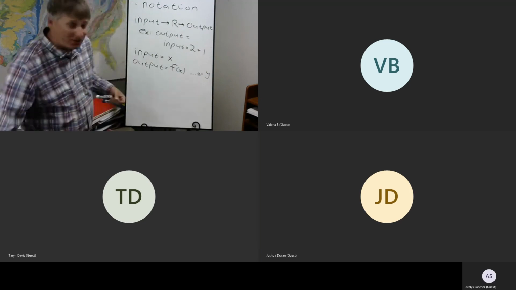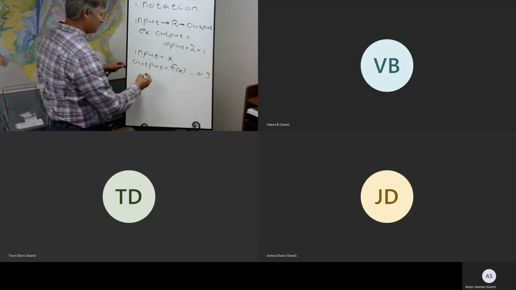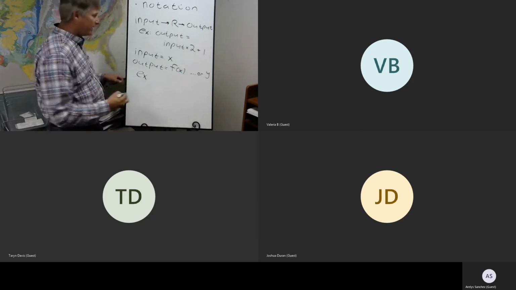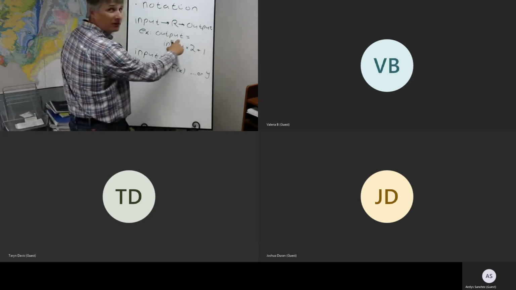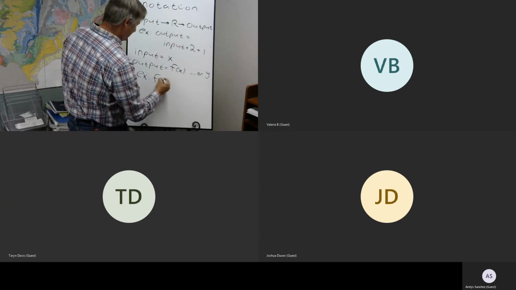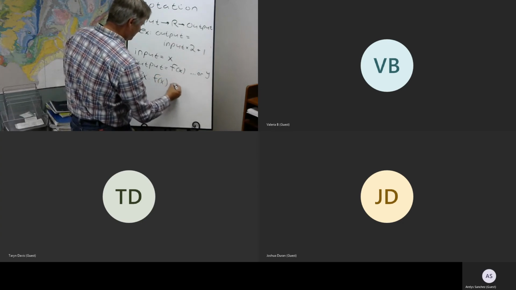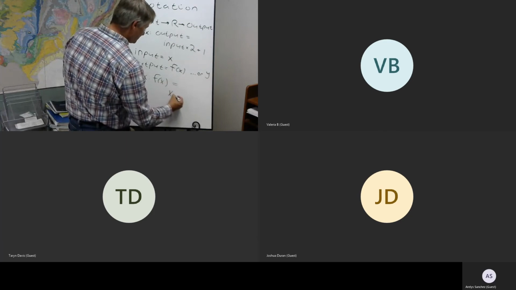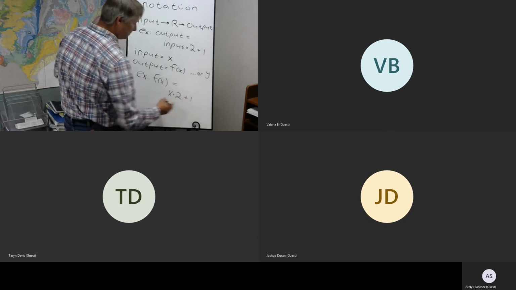So what happens when we make these changes? What we'll get, instead of output, we'll have f of x equals, instead of input, we'll have x times 2 plus 1.